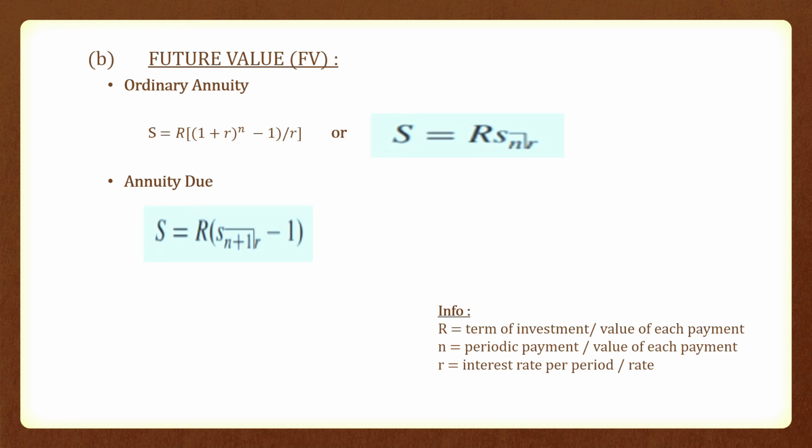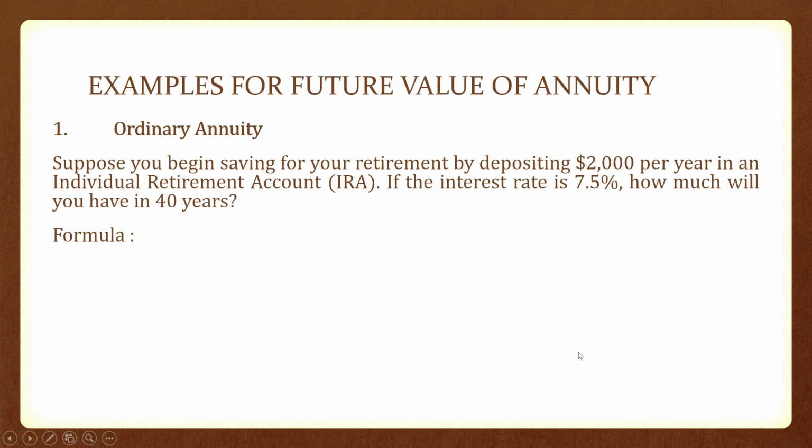Here is an example for future value of annuity. The question is, suppose you begin saving for your retirement by depositing $2,000 per year in an individual retirement account, which is an IRA. If the interest rate is 7.5%, how much will you have in 40 years?